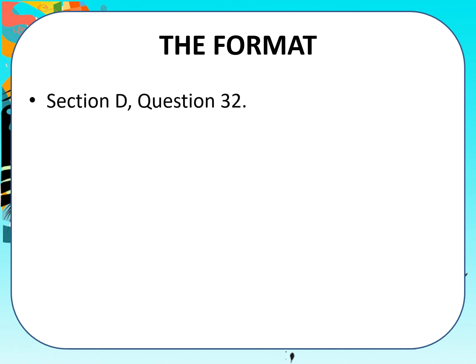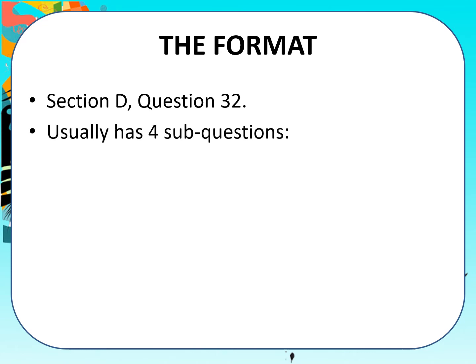As you may already know, poem questions can be found in Paper 2, Section D, question number 32. Even though it only has 5 marks, poem questions can be terrifying, scary for some students. But I don't think you need to worry about poem questions. It's not that difficult.